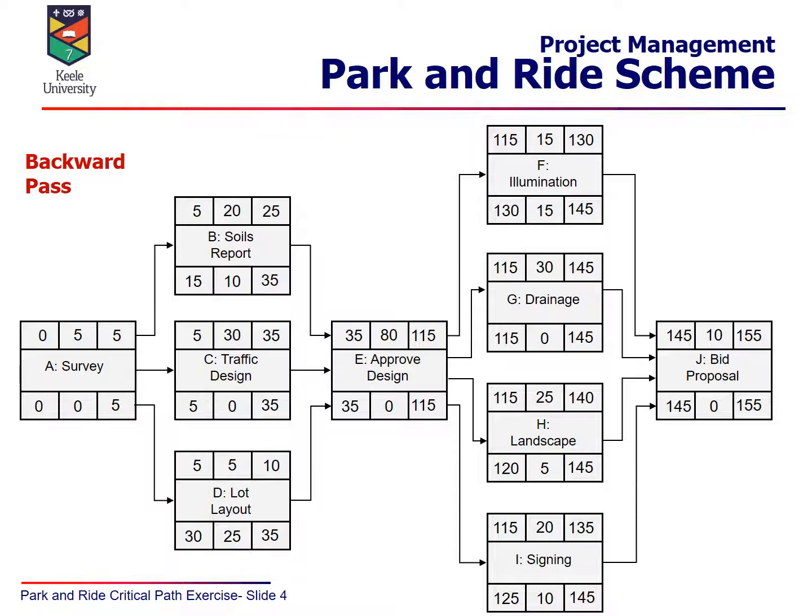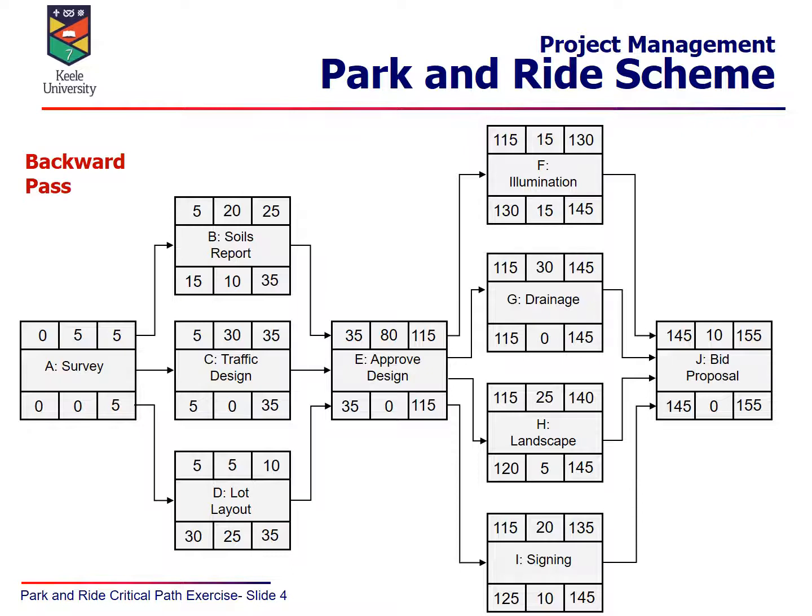We then work backwards from there to calculate the latest finish times for the preceding activities. So you see that activities F, G, H and I all have to finish on day 145 or sooner. In other words, that's the latest finish time for all 4 of those preceding activities. So that gets written in to the bottom right hand quadrant as the latest finish time, and then for each of those activities we subtract the activity duration from 145 to give us the latest start times.